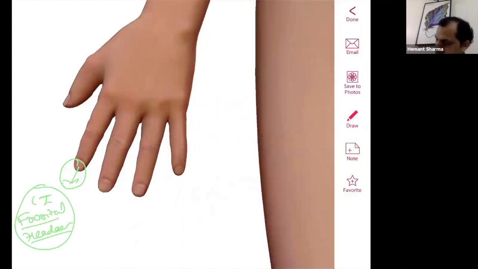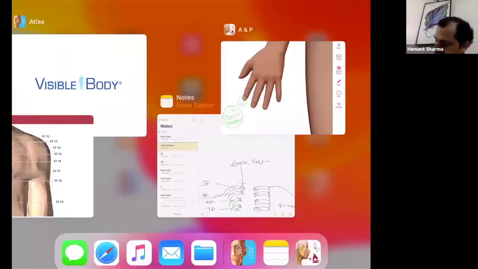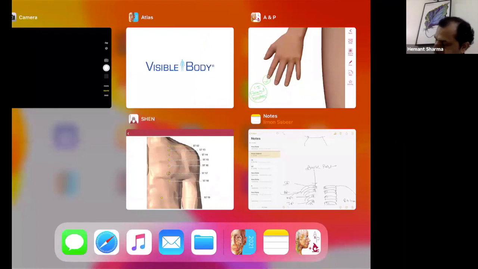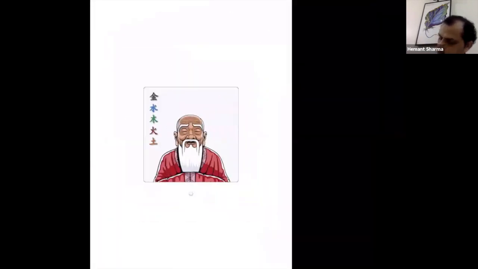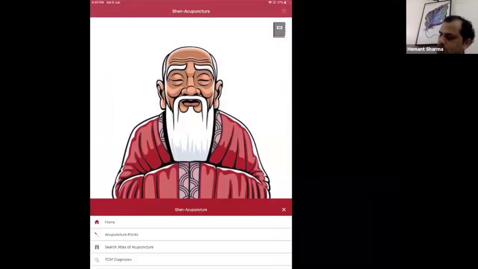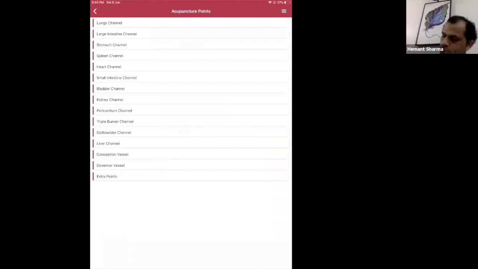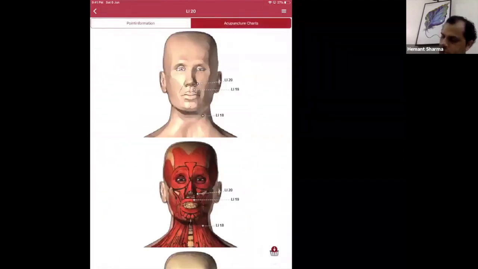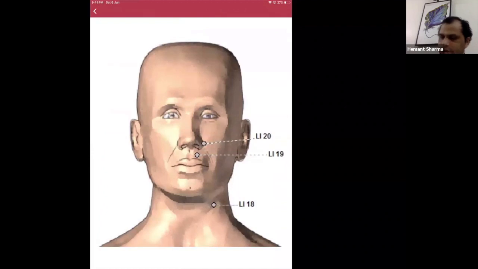If you want to see the direction of the large intestine meridian, you can see it in this image. You can see this large intestine meridian going to the frontal region.